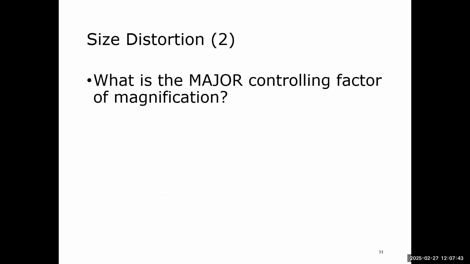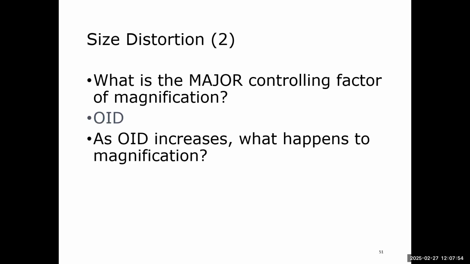What is the major controlling factor of magnification? Which of those distances is the major controlling factor of magnification? OID, yes. I don't know if you remember, but it took very little OID in the lab to really see a difference in the magnification on the image. So as OID increases, what happens to magnification? It increases.